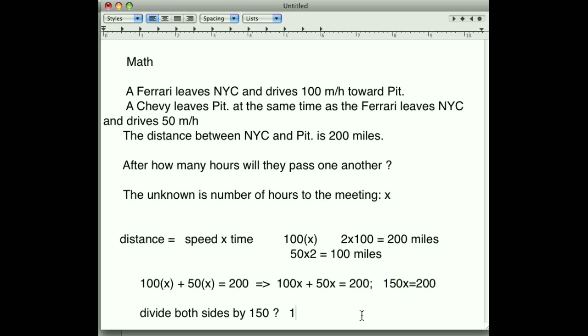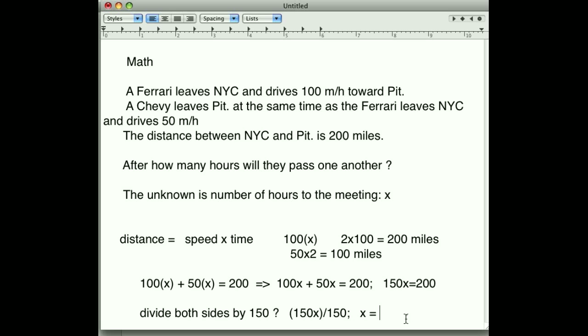we do 150x divided by 150, we can cross the 150, and then we'll have x left. So on the left hand side we'll have x if we divide by 150.